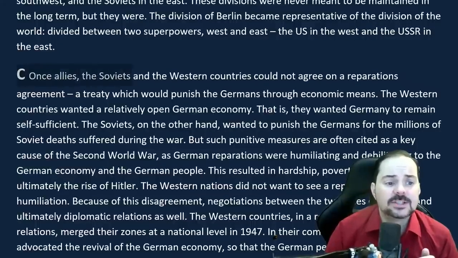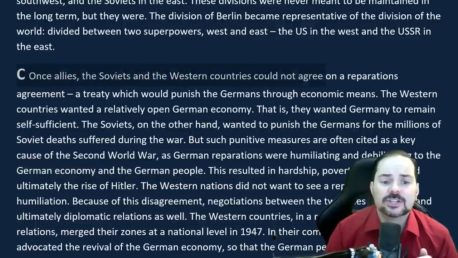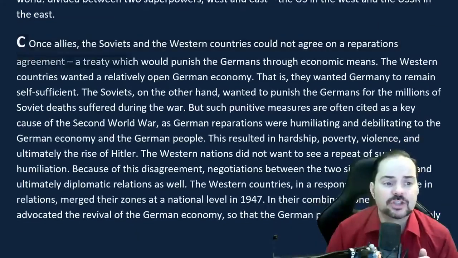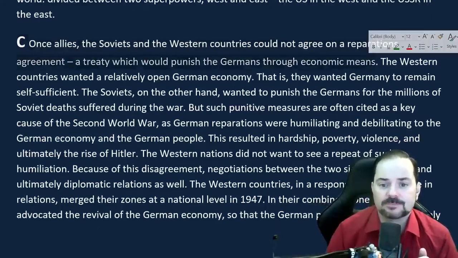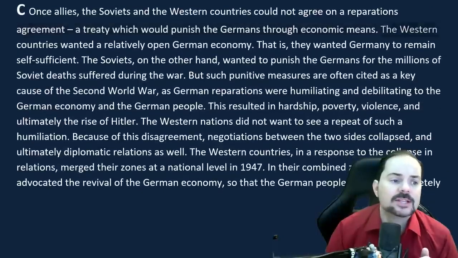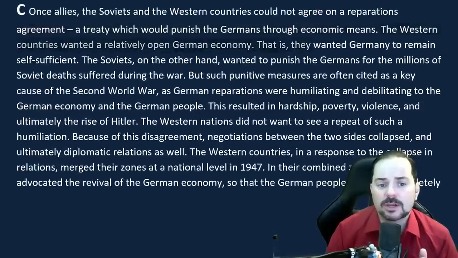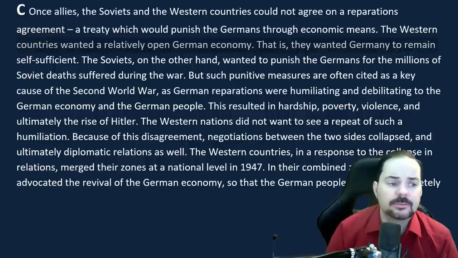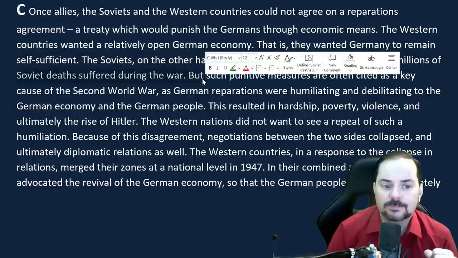Once allies, the Soviet and the Western countries could not agree on a reparations agreement, a treaty which would punish the Germans through economic means. The Western countries wanted a relatively open German economy. That is, they wanted Germany to remain self-sufficient. The Soviets, on the other hand, wanted to punish the Germans for the millions of Soviet deaths suffered during the war.